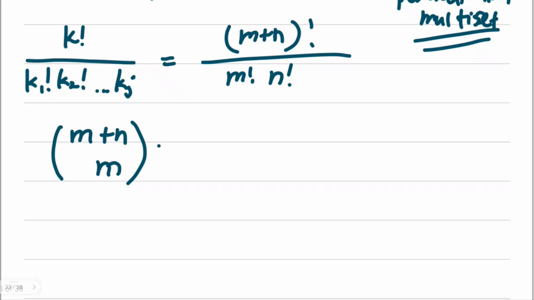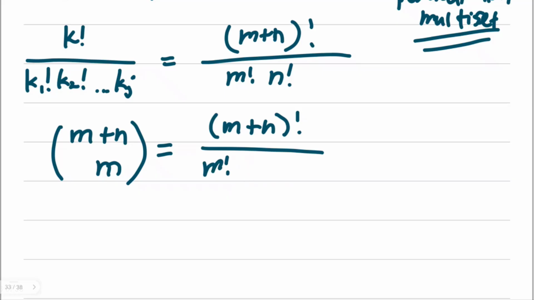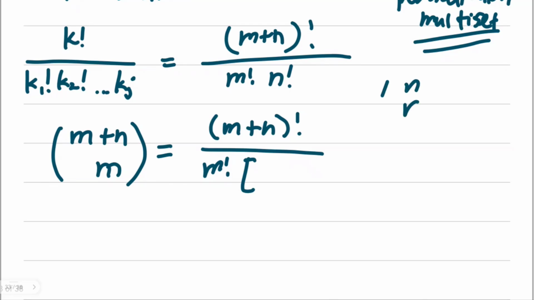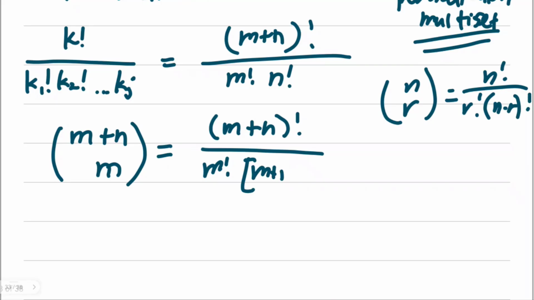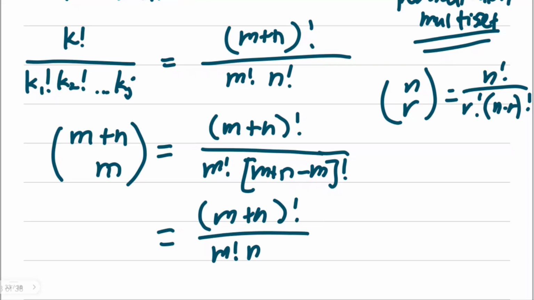is actually equal to, using the combination, M plus N factorial over M factorial, and then you will have, of course, using n taken r, which is n factorial over r factorial times n minus r factorial. So your r is M, then your n is M plus N, minus M factorial, which gives us M plus N factorial over M factorial and N factorial.